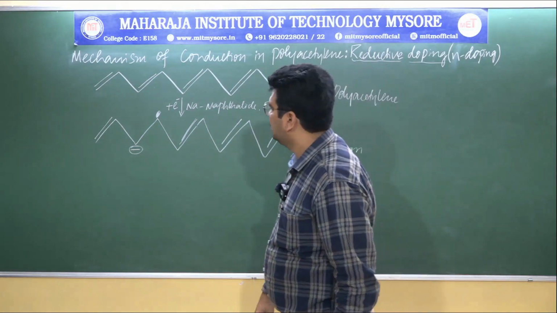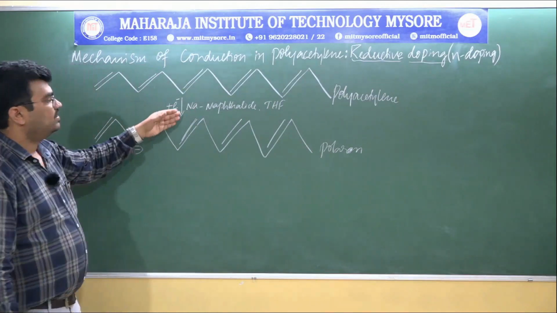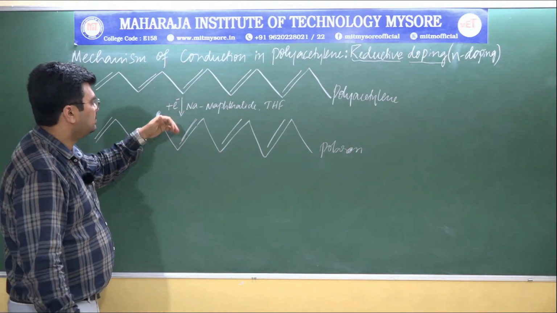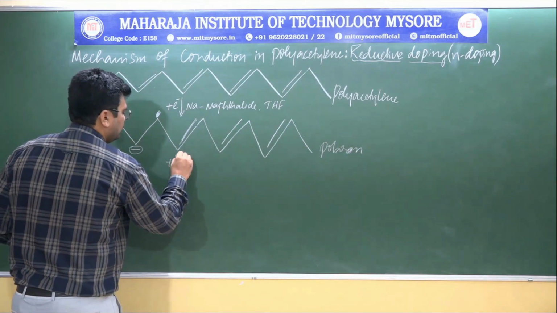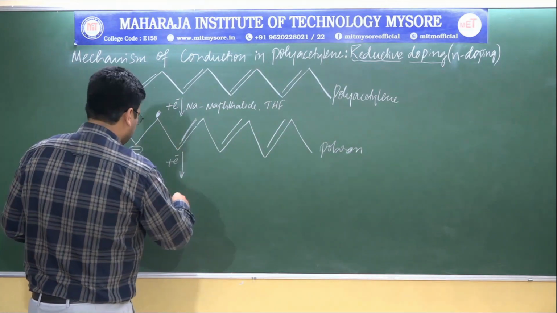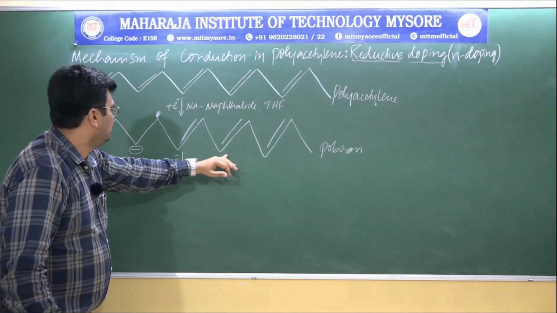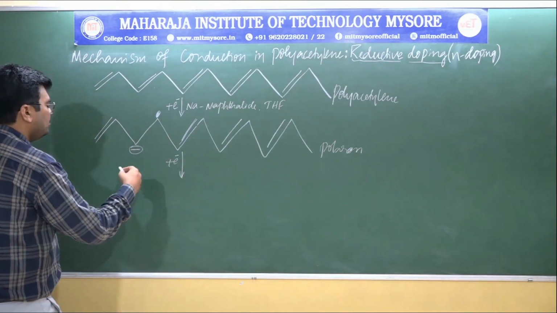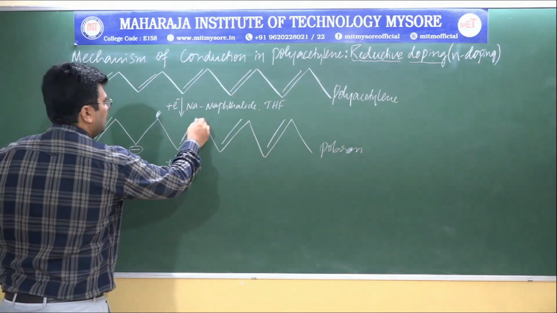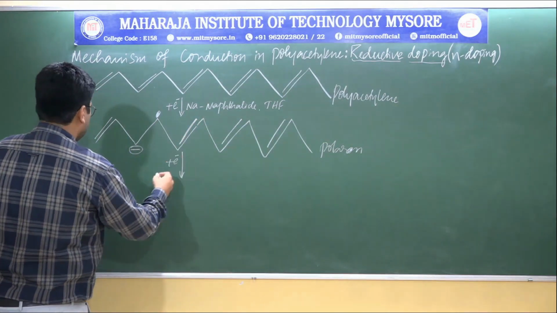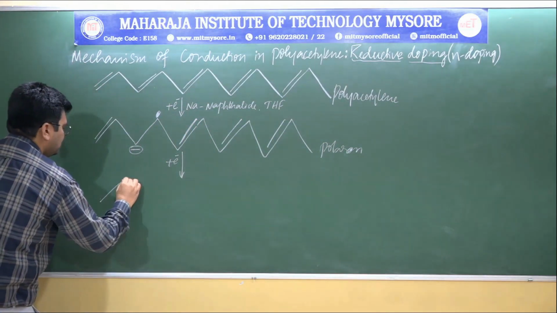will be formed, right? And on second reduction, it is going to introduce one more electron into this, so that will be added here, and thereby it is going to form bipolarons, right? A bipolaron will be formed on second reduction. So that can be written like this.